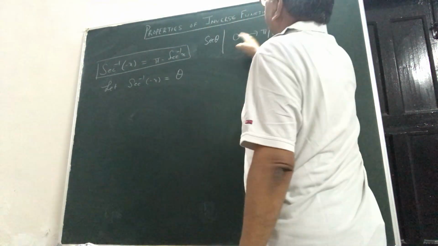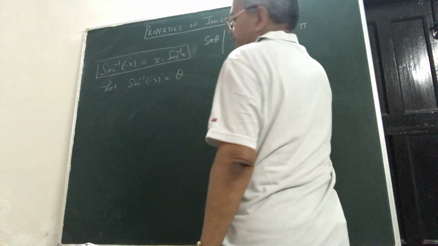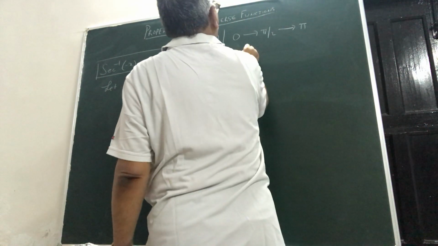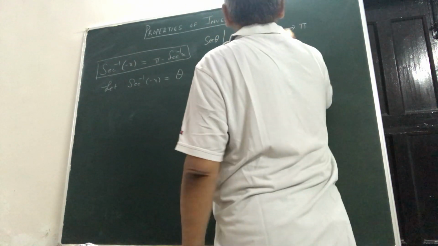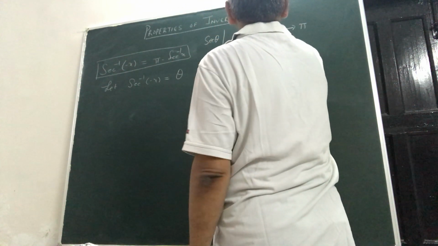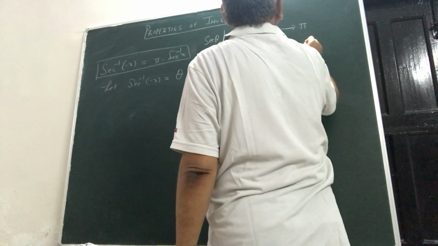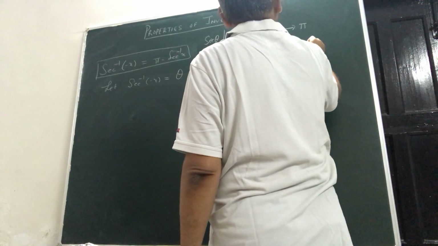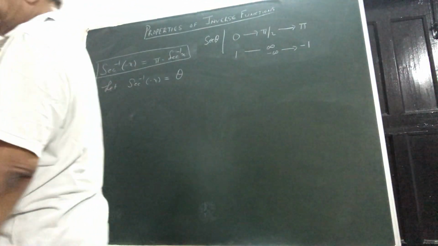So basically it is 0 to pi. And how will the values change? At 0 it is 1. And then at pi by 2 it is infinity. And then see it goes from minus infinity to minus 1. So this is the principal branch of sec theta.